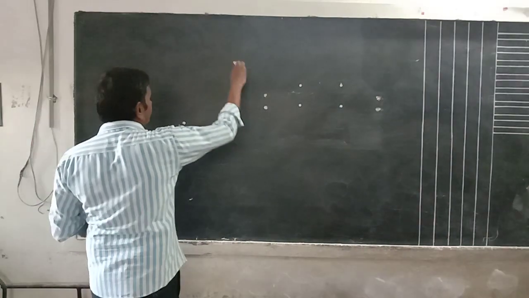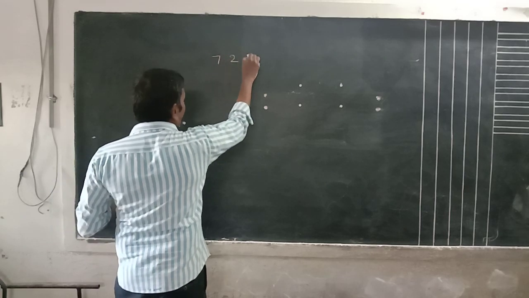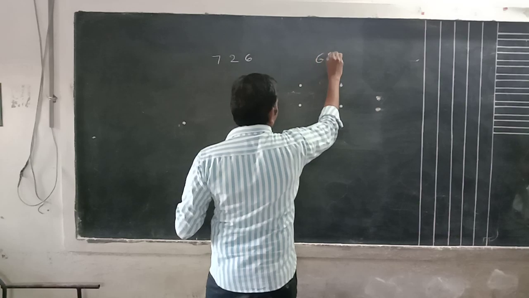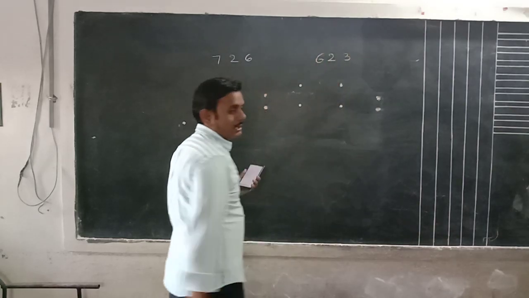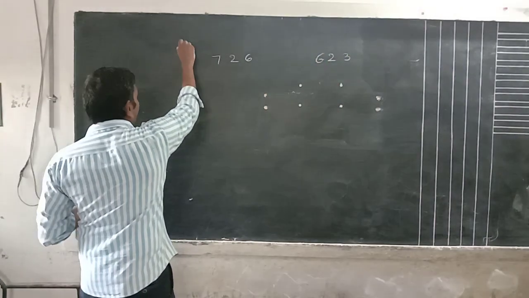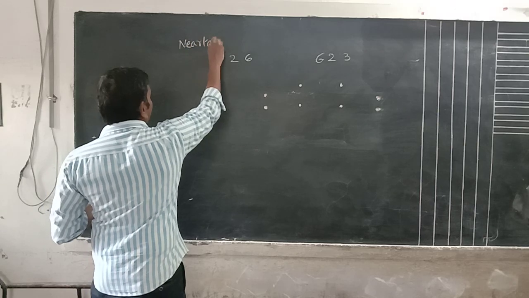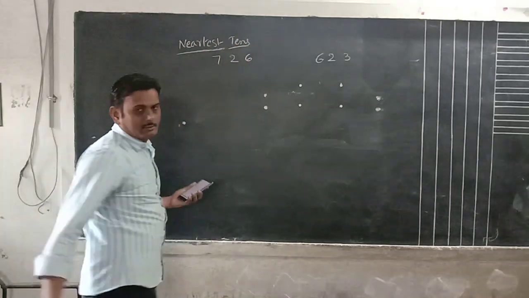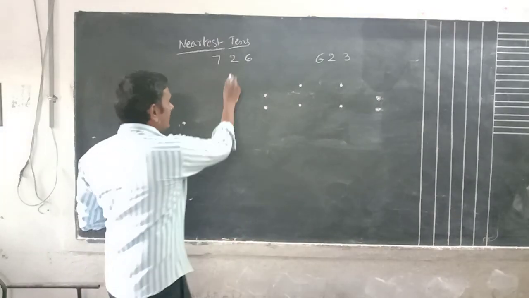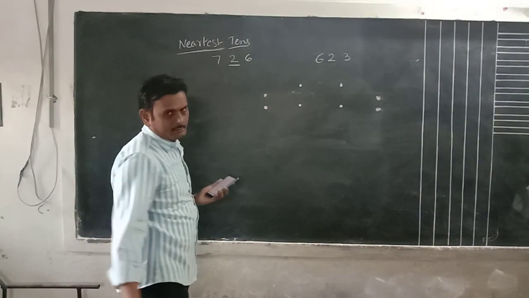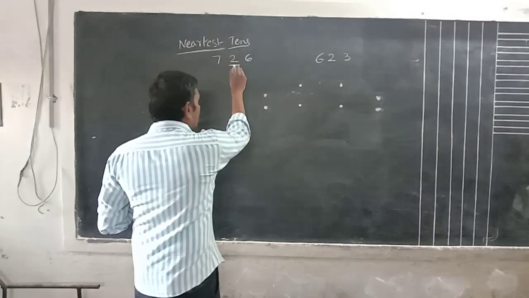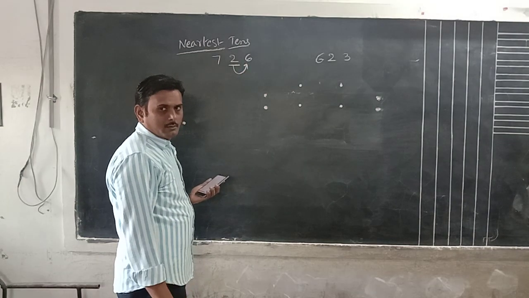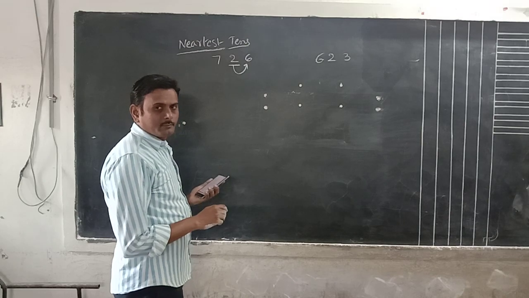For example, 726 is given, and 623 is given. I want to write the nearest tens. Whenever we want the nearest tens, we have to underline the tens place. Which number is on the right side of the tens place? Is it more than 5 or less than 5?